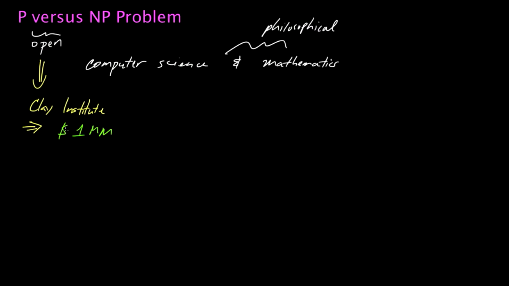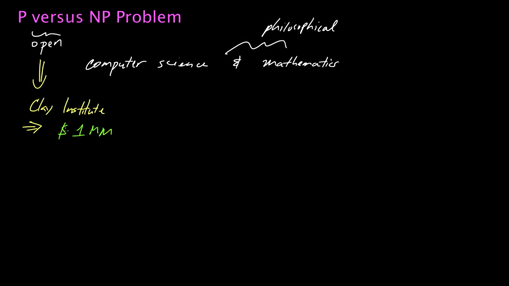Okay, now ultimately, the P versus NP problem concerns the amount of time it takes for a computer to solve a particular set of problems. Now, in some cases, there are problems that we know how to solve quickly on a computer. And this shouldn't be a surprise to you because, after all, computers are indeed very, very fast.